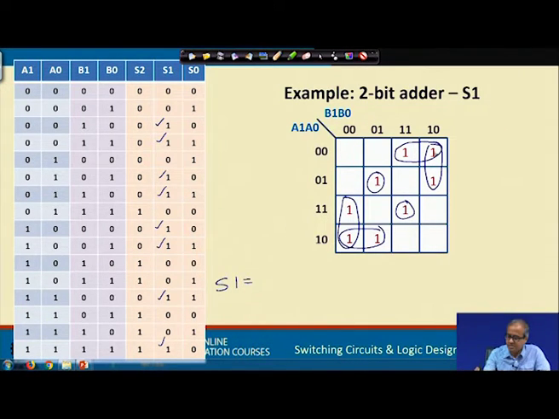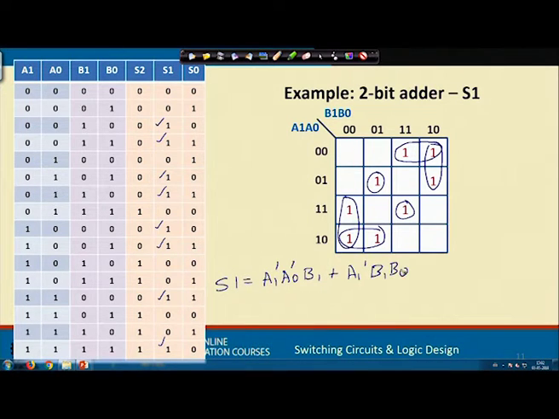Look at this one, not A1 A0, but A1 dash A0 dash B1. Plus let us look at this one, 0 0 and 0 1, A1 dash, and 1 0 B1 B0.